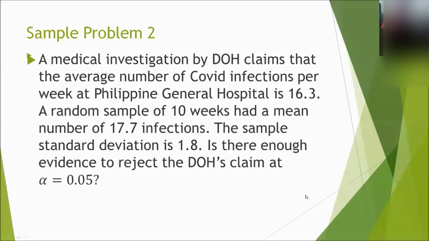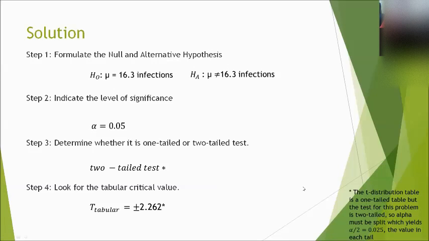Okay? So again, we're going to apply the 6 steps in formulating the hypothesis. So moving to the solution. Step 1, sorry about that. Okay? So formulate the null and alternative hypothesis.